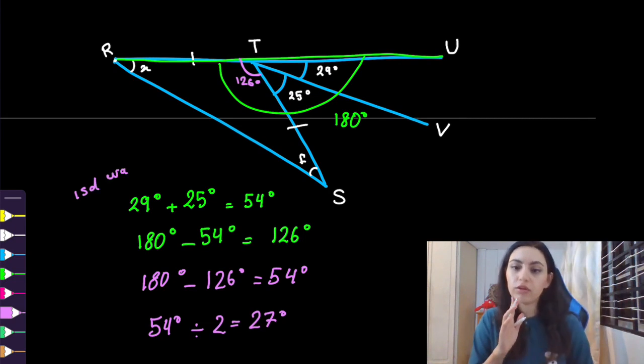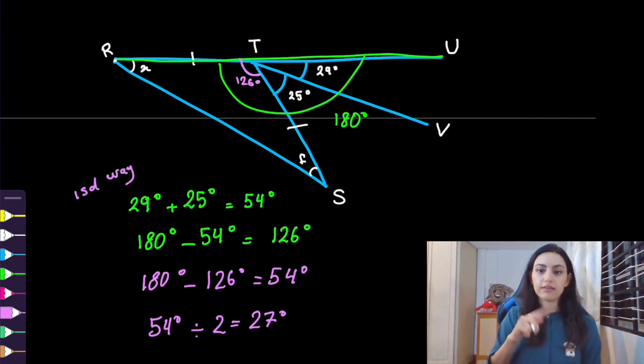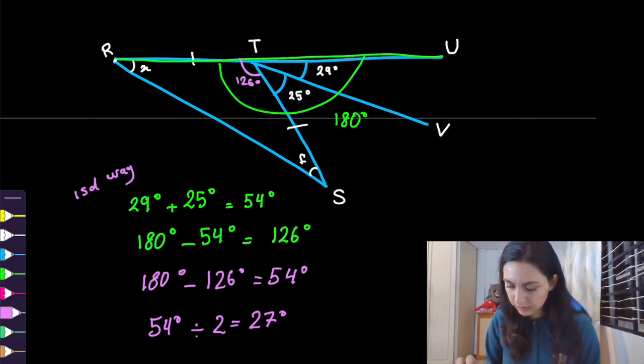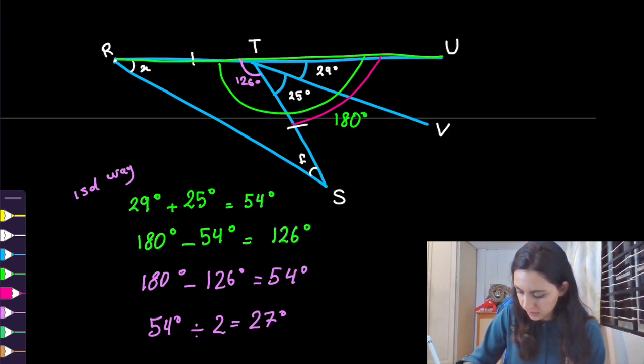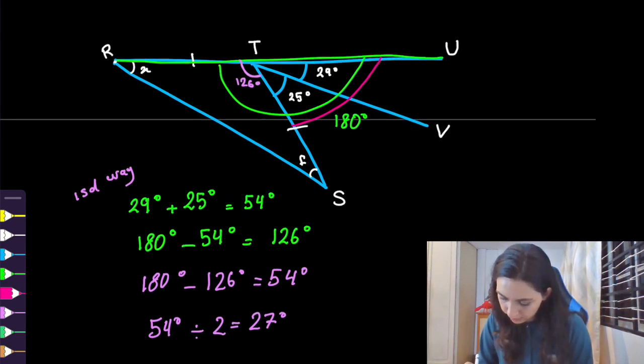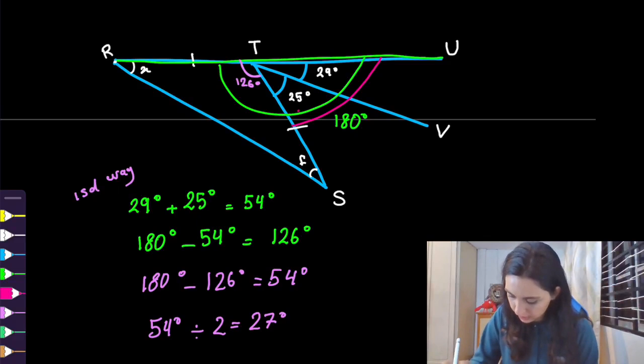I'm just going to tell you quickly the second and fastest way, with the color pink. You know how we got from here to here, how much did we get? 25 plus 29, we got 54.